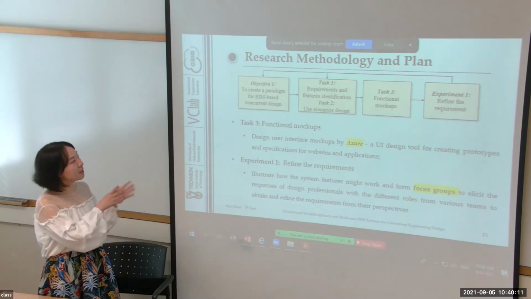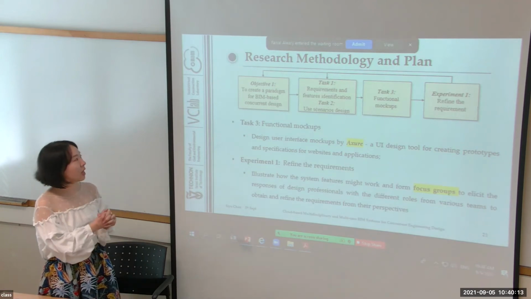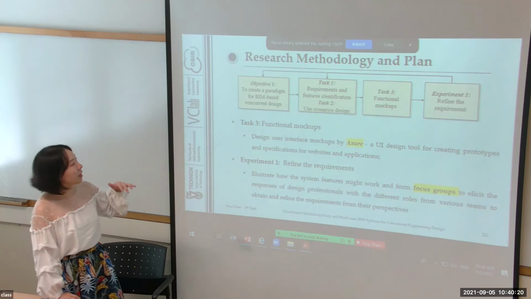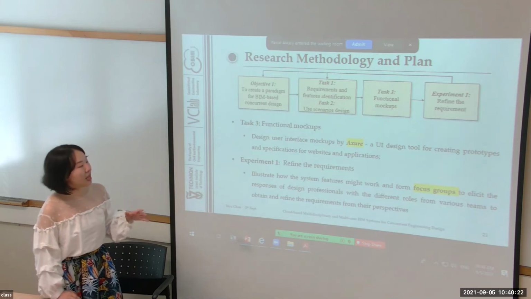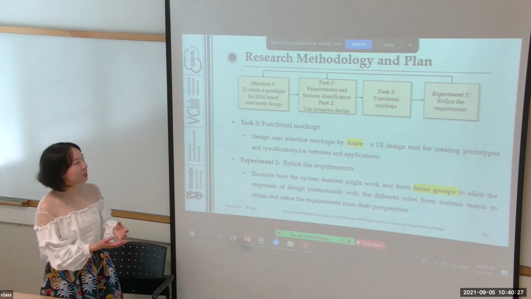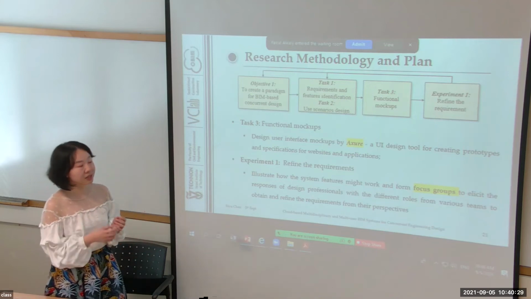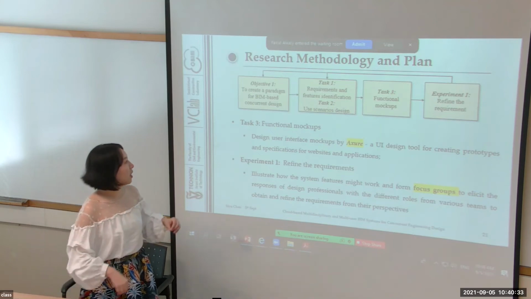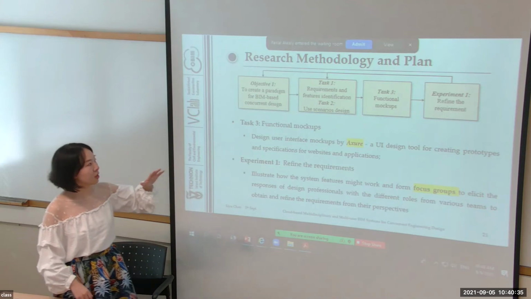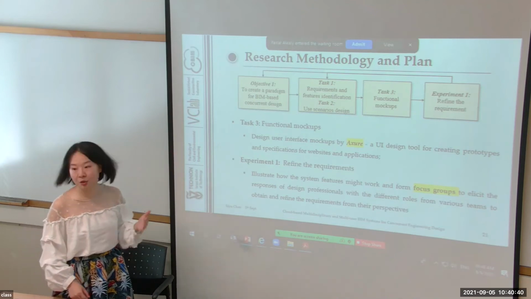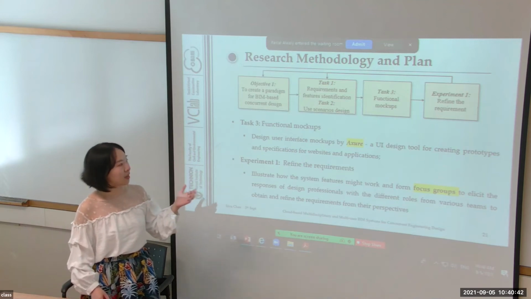To answer that overall question, the first objective to be realized is to create the paradigm for BIM-based concurrent design. This requires me to identify the requirements and features, and then design the use scenario according to the requirements. And for the demonstration part, I will do the functional mockup by designing a user interface mockup with Actual.